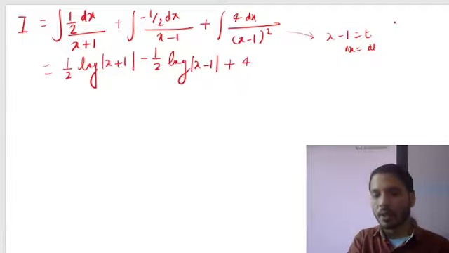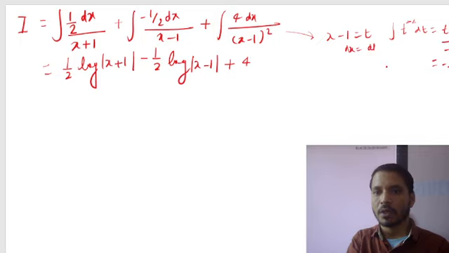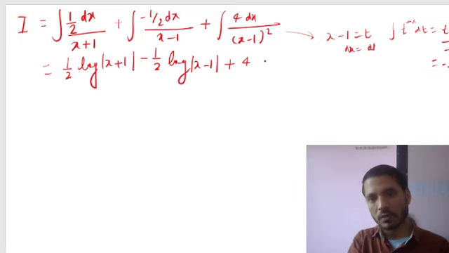That means here we have to integrate 1 by t square, that means t to the power minus 2 into dt. It will become t power minus 1 divided by minus 1, that means minus 1 by t. So minus 1 by t means minus 1 upon x minus 1.